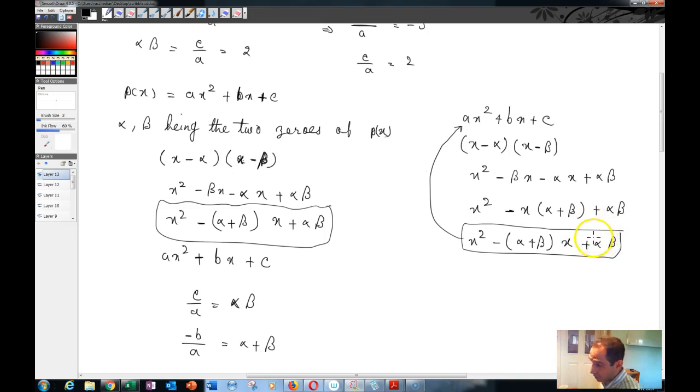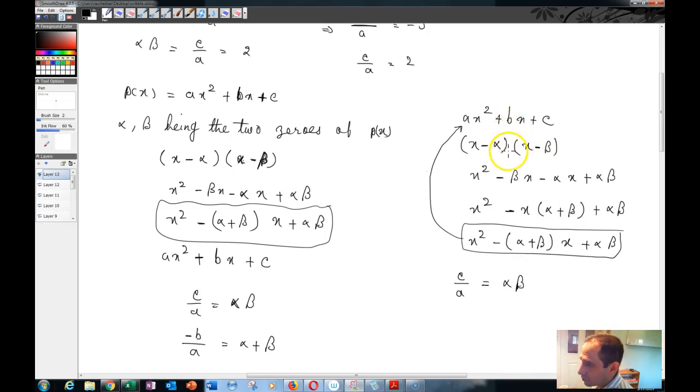So then of course it makes sense that, for example, c divided by a is equal to alpha beta divided by 1, which is alpha beta, the product of the two zeros, or the product of the two roots of the polynomial.